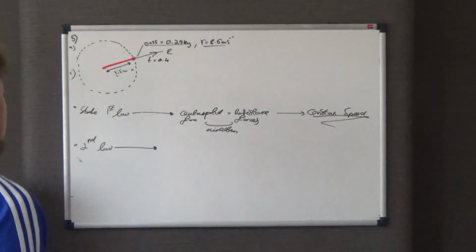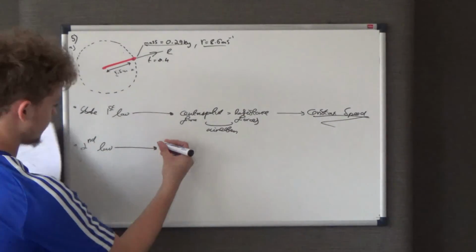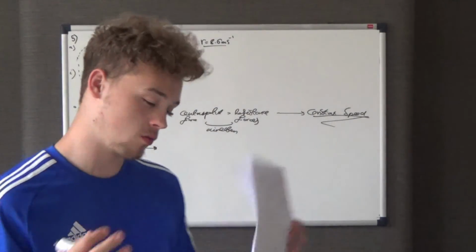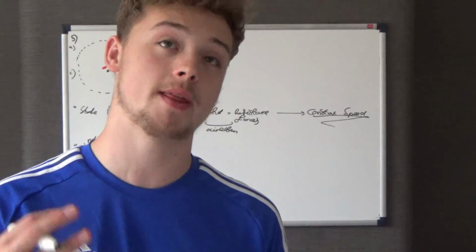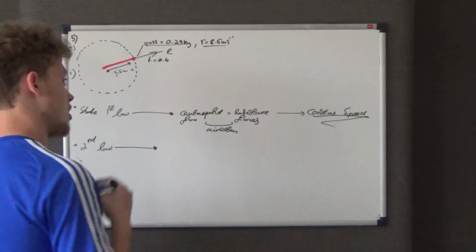Anyway, for the explanation of the second law, you would say why the velocity of the object is increasing even though it's going at a constant speed.